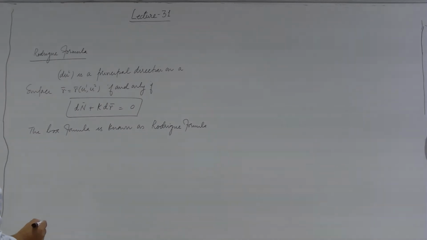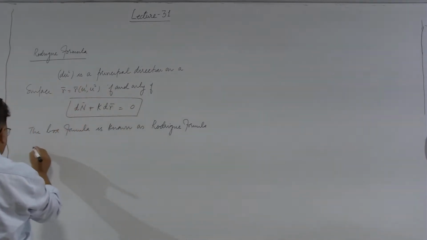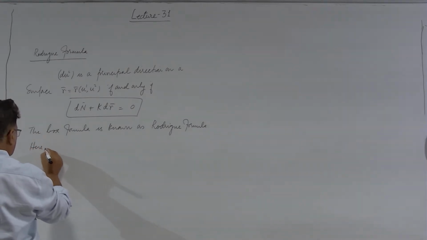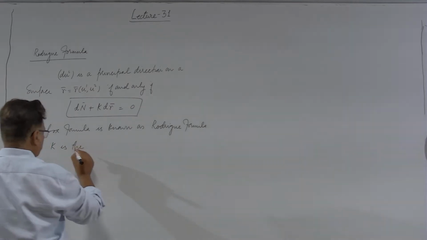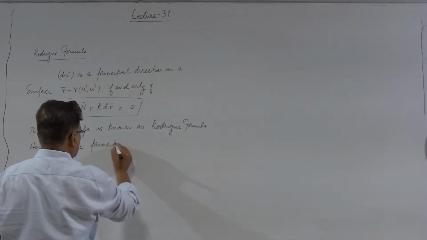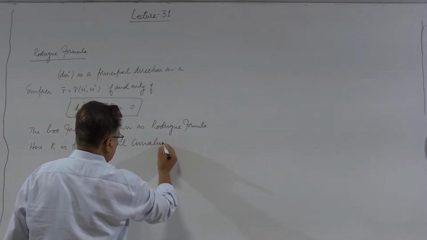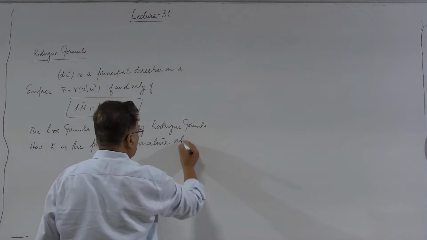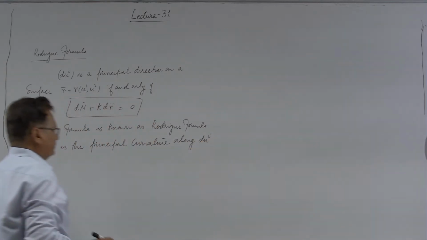Here k is the principal curvature along this principal direction. Here k is the principal curvature along dui, the principal direction.